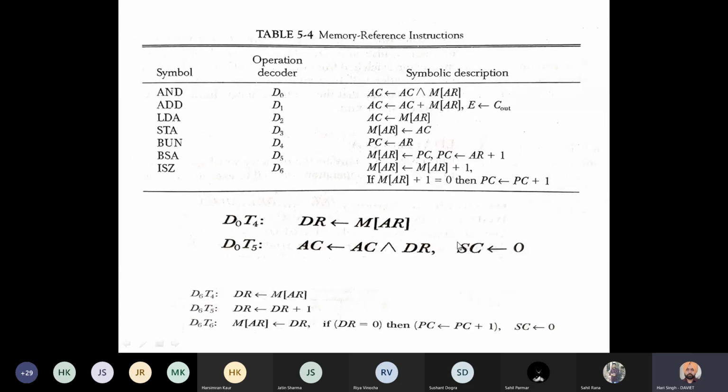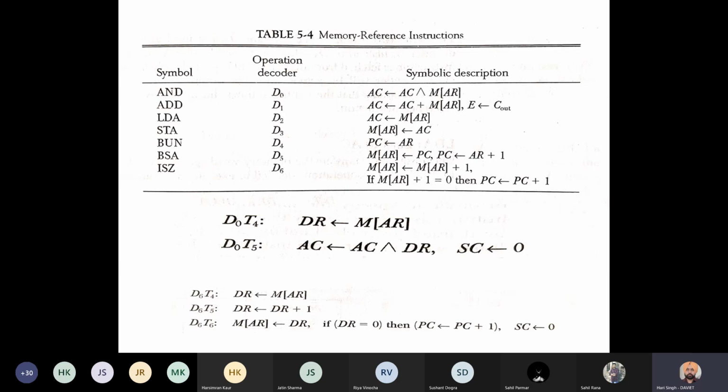In hardwired control, these micro operations are performed by means of hardware, that is by the logic gates, the circuit of logic gates.